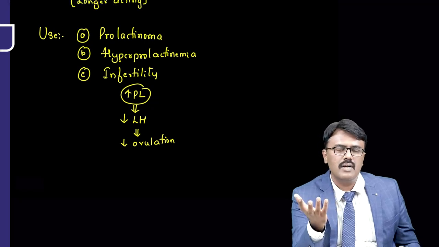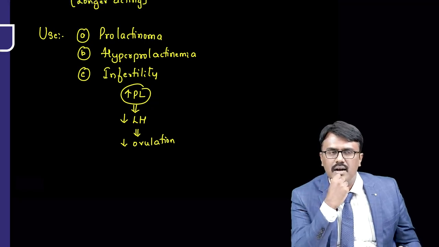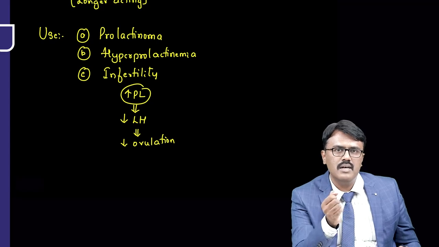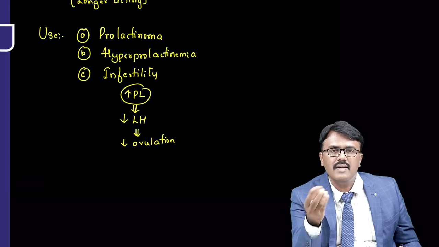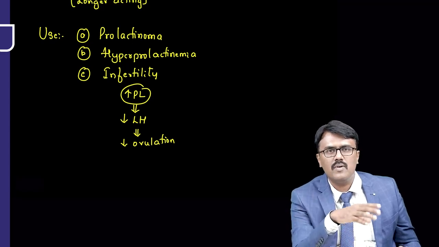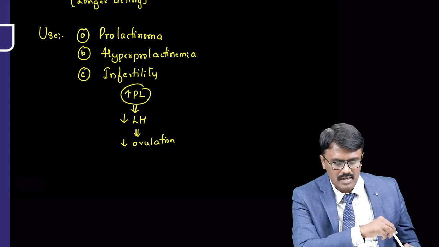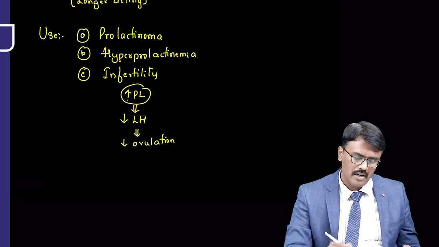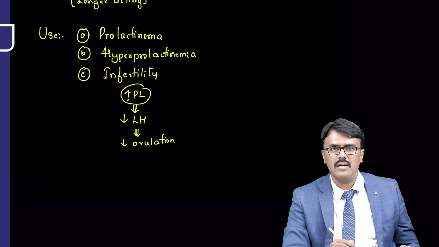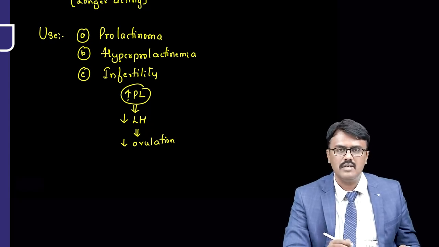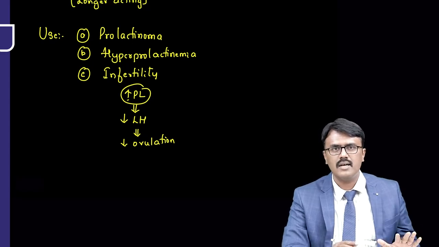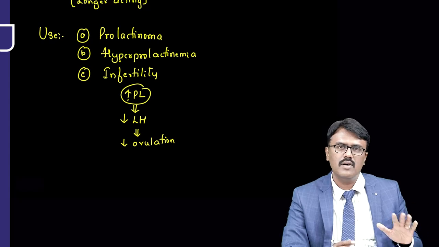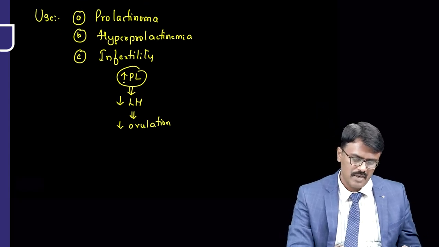She is not able to get pregnant, and she comes to you. If you do the prolactin investigation and prolactin levels are high, then you can give these drugs to suppress prolactin. Otherwise, if prolactin is high, the LH surge will not occur, ovulation will not occur, and she will have infertility. So remember this point very carefully. If prolactin is high and she is not conceiving, you have to suppress the prolactin activity.